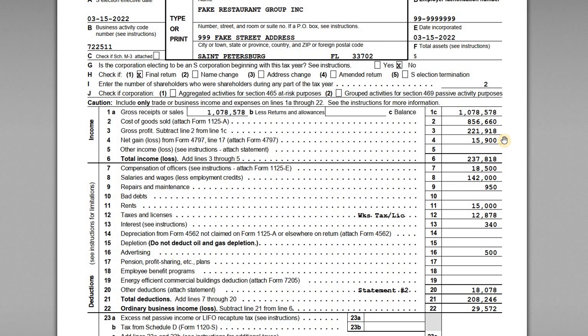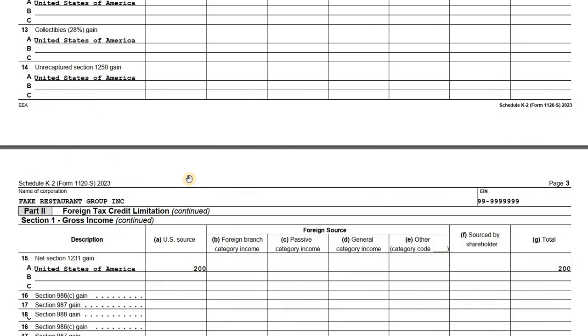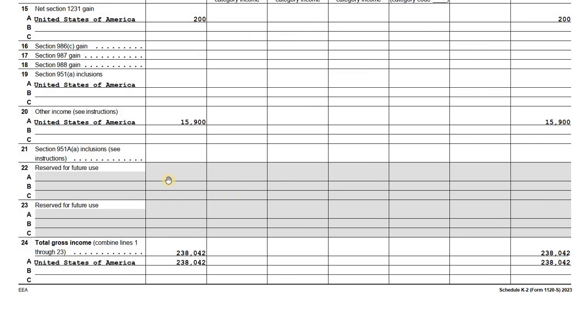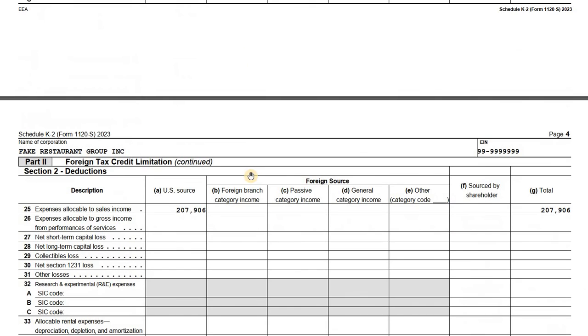But I think it does make better sense to have it separately stated. So the gross profit figure here, the $221,918, sales less the cost of goods sold, is what's reported on the K2. So yeah, I would recommend doing it that way still. So we've got the net gross profit, and then the separately stated item from the sale of the kitchen equipment. So total gross income down here, $238,042.